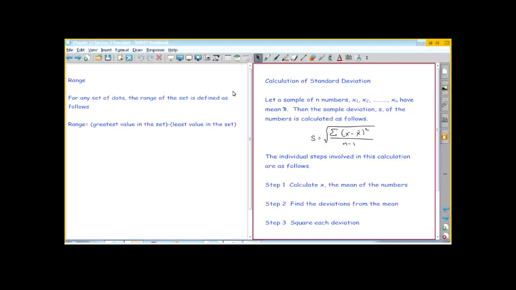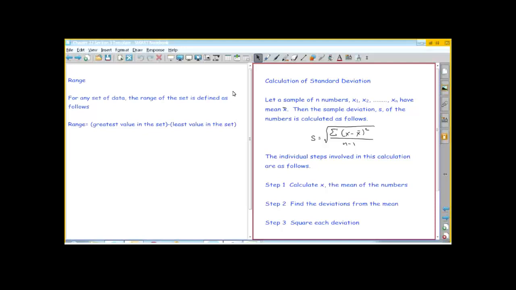That's the summation. Then you divide that sum of the squares by the number of data points minus 1, and then you take the square root of the whole thing, and that gives you the standard deviation. It's pretty much a measure of how far away from the mean you are. It doesn't matter whether you're less than the mean or greater than the mean. The important thing is the distance that we're talking about.